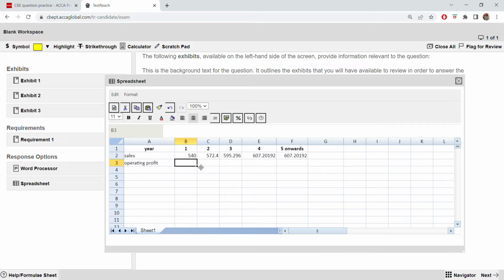Okay, so let's take 10% of the sales equal to 0.1 into this, enter. Okay, you can just take it, copy, drag this to the other cell, because next year also is 10%. But the third year, okay, what about the third and the fourth year? For the first 2 years 10% and 12% thereafter. That means all the third and the fourth year and 5 year onwards it will be 12% only.